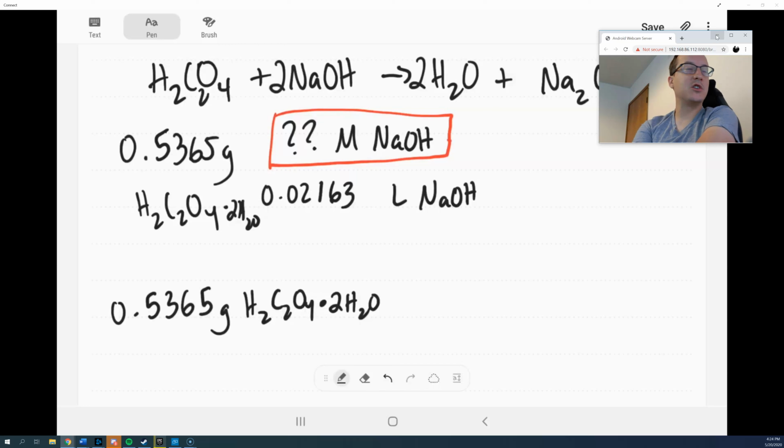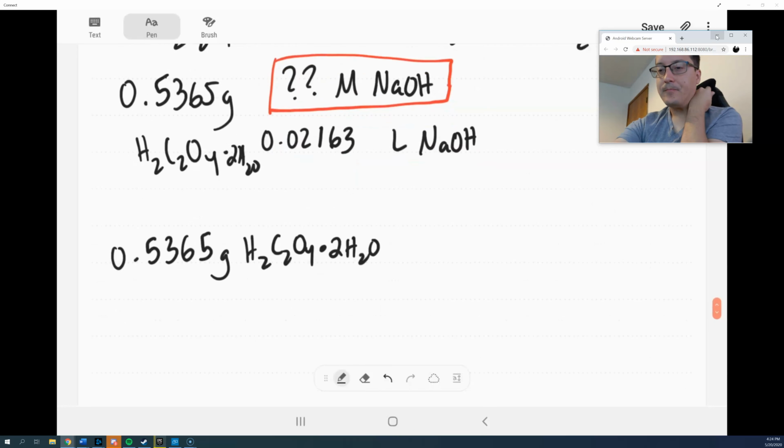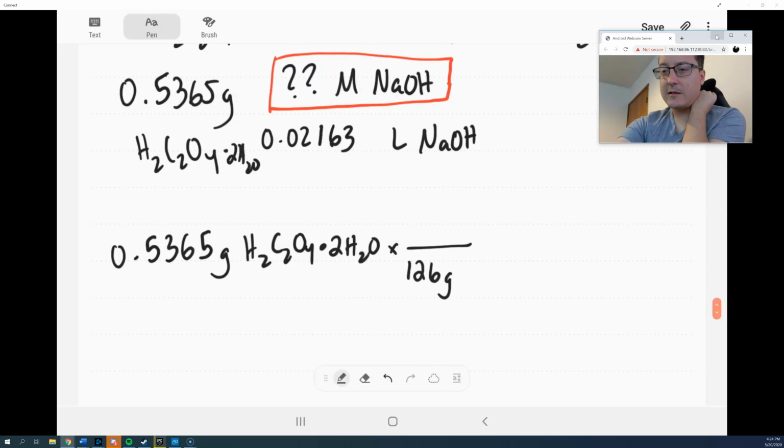What's the concentration of sodium hydroxide? That's how I would phrase it. This one is more for your lab, so I want you guys to be able to do this one. So, molar mass of this one, 126 grams for 1 mole.